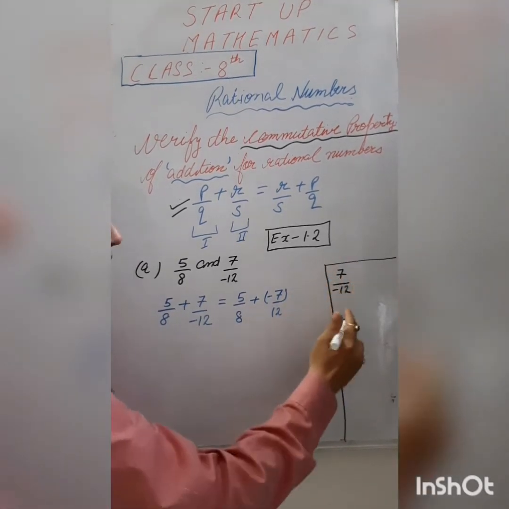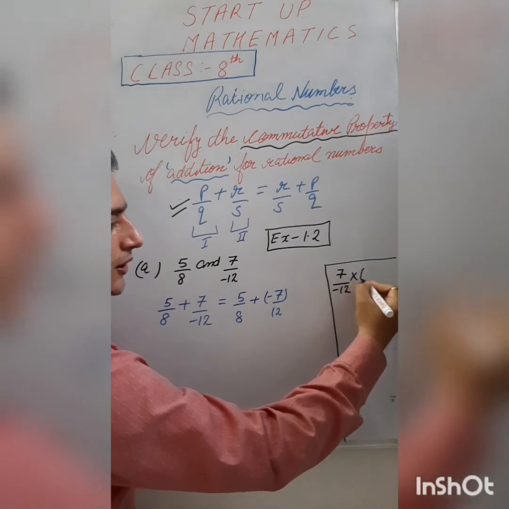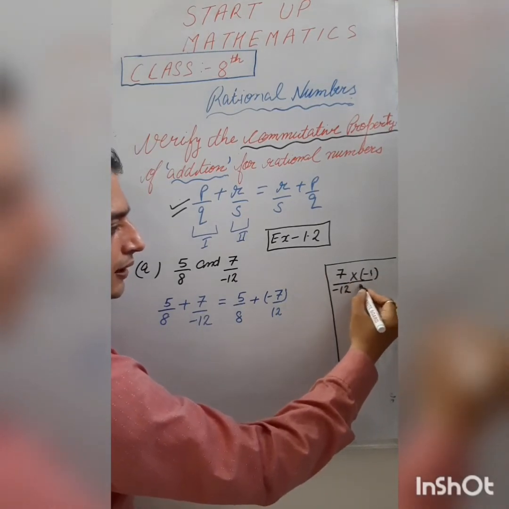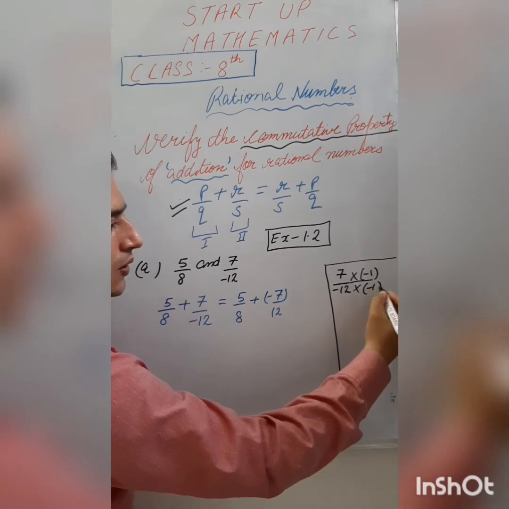So to make the denominator positive, you multiply the numerator by -1 and also the denominator by -1.